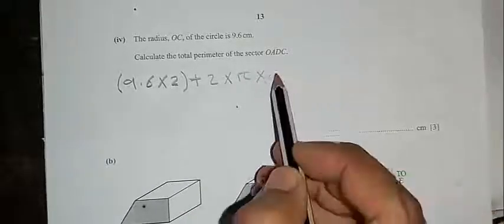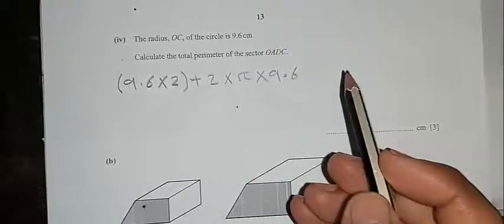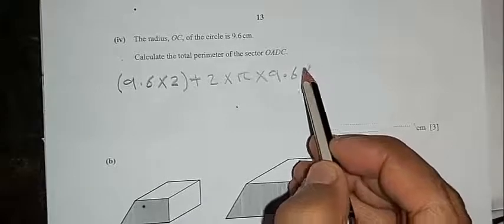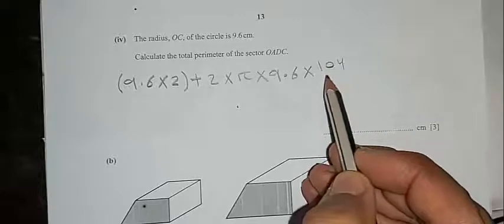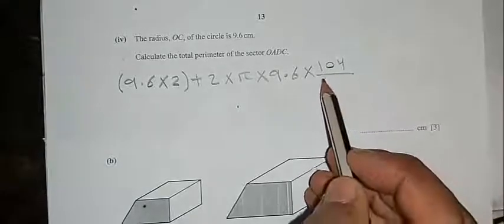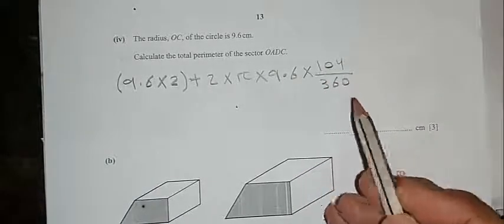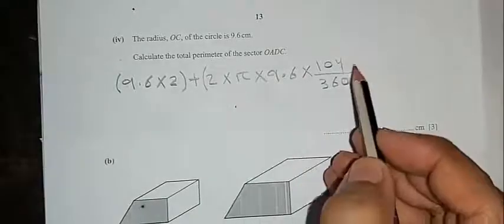R is the radius, 9.6, and don't forget to multiply by the opposite angle at the center, 104 divided by 360.